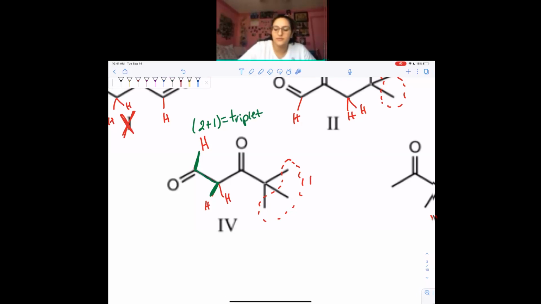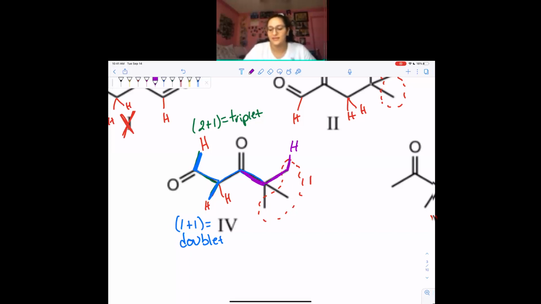And then this one, we just said that it has this 1 neighbor. Cool. And there's no neighbors on the other side. So we're going to say 1 neighbor plus 1 equals a doublet. And then all the way over here, this hydrogen is not going to have any neighbors because there's nothing within 3 bond lengths.